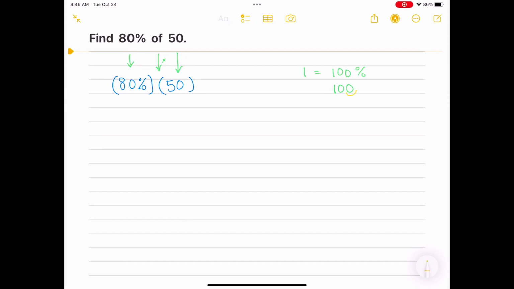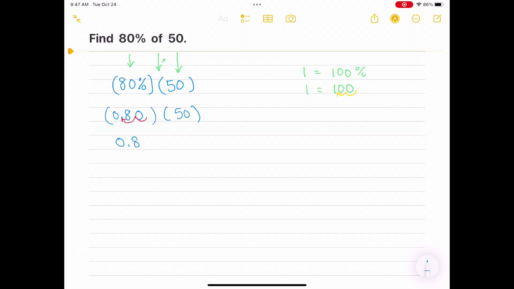So I go back to my problem and take 80%, moving the decimal place back over to the left 2 places to make it 0.8 or 8/10 times 50.